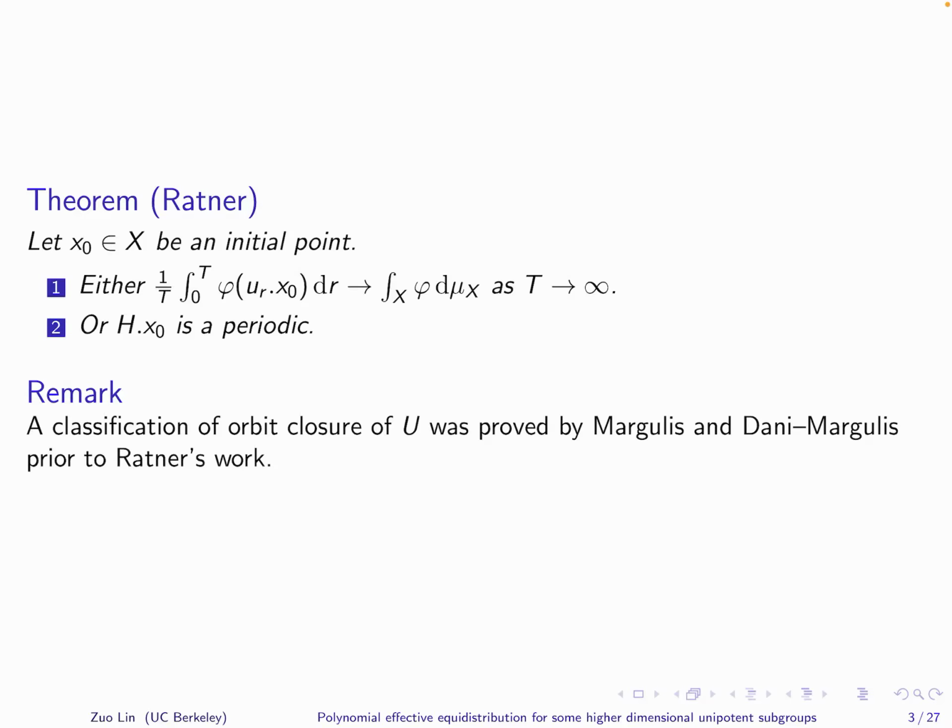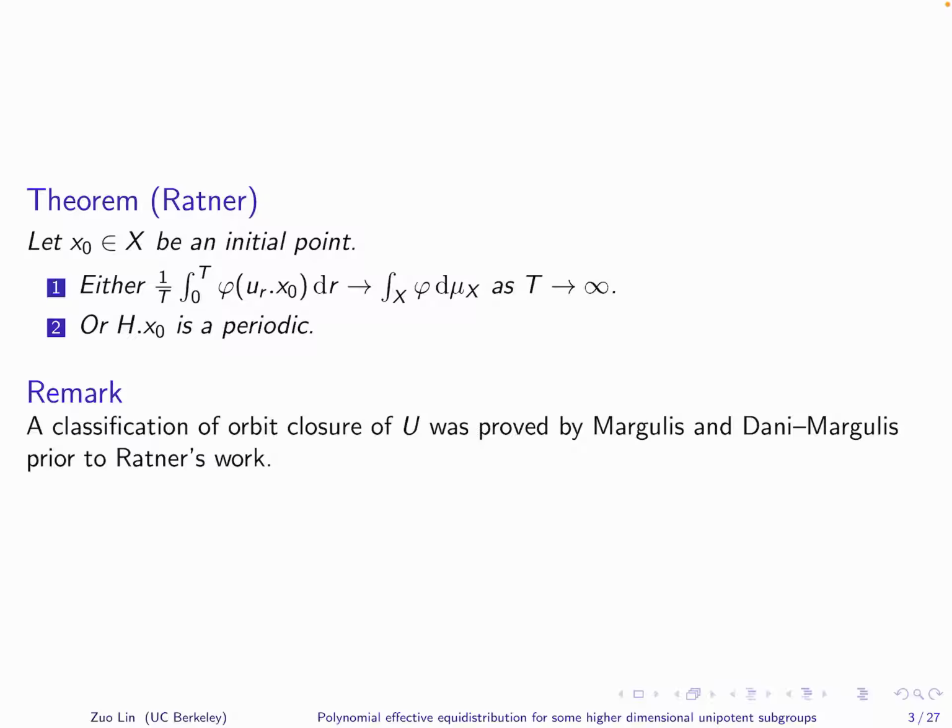I should remark that if you pick your X to be non-compact, suppose you allow certain cusps, then there is a third case that it might be trapped in a torus on the cusp. But just for simplicity, I will not discuss that in detail. Let me make a historical remark on this result.